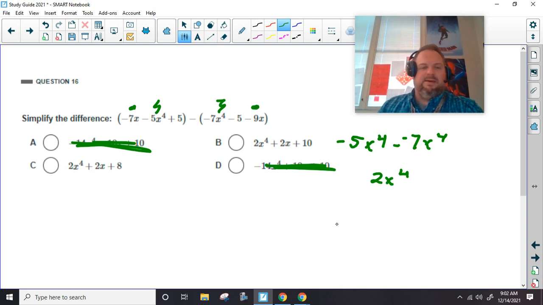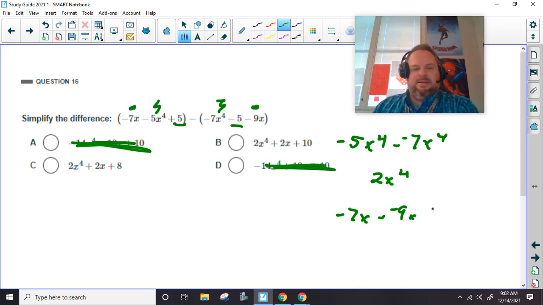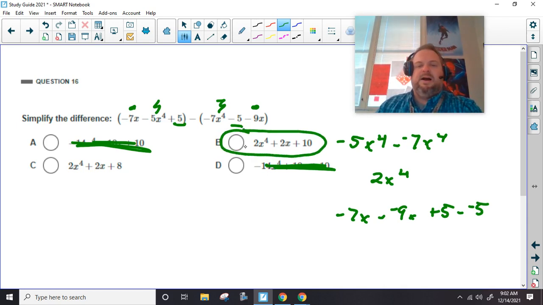Then I have negative 7x minus negative 9x. So that's a 2x. So we're still good. And then plus 5 minus negative 5, so this is 10. For me, it's B. I don't know what it is for y'all.